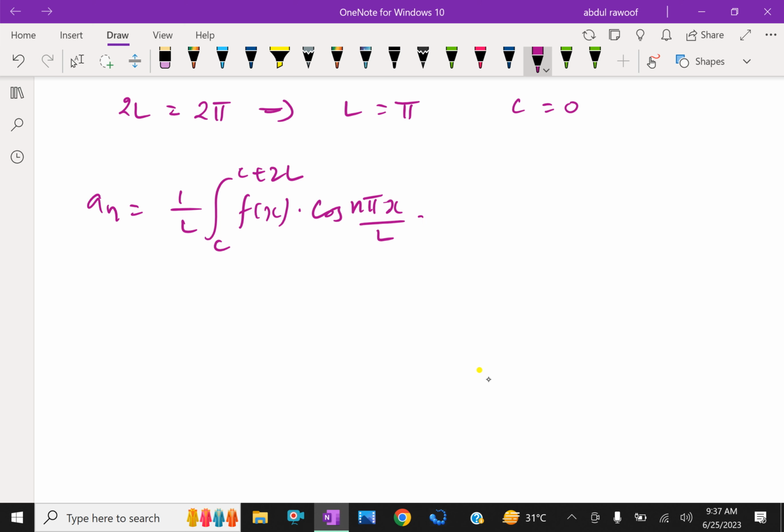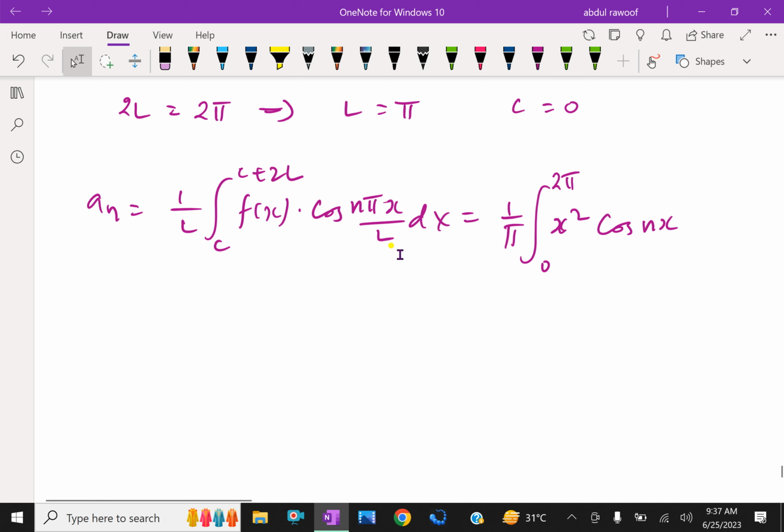This is the coefficient aₙ, which is equal, L is π, that is 1 by π integral c0, c plus 2L is 2π because L is π. f(x) is x², the function given, and also nπx over L, because π over L is π, so cos nx dx integral.